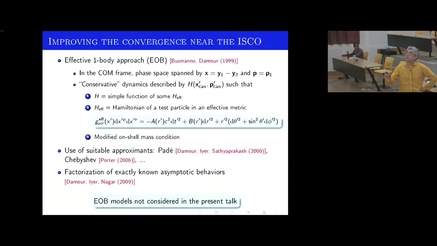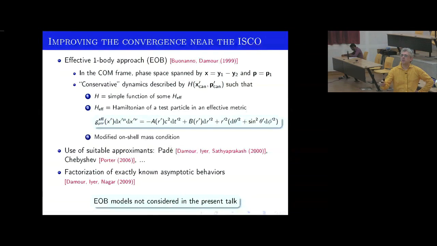It is convenient in the sense that it is a simple function of an effective Hamiltonian corresponding to an effective metric, in the sense that this is the Hamiltonian of a test particle moving in this metric. And this metric is nothing but a deformed Schwarzschild metric, as you can see.